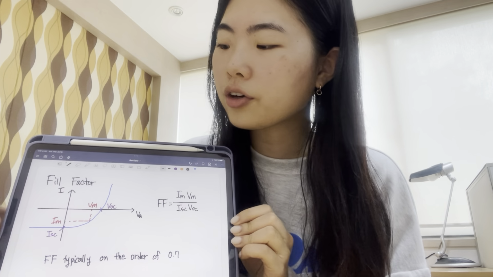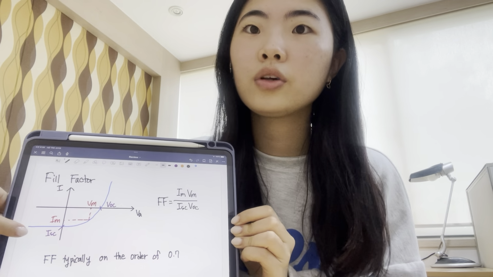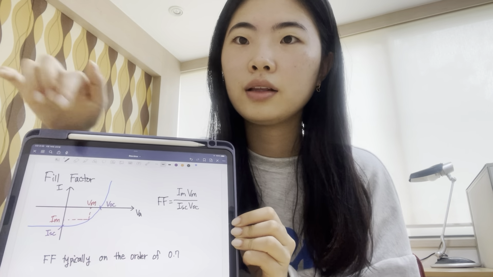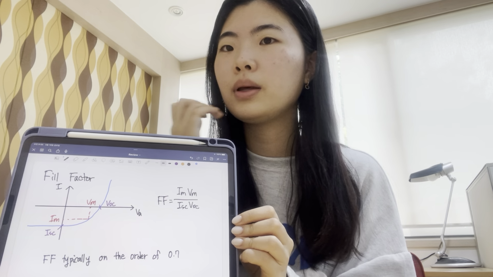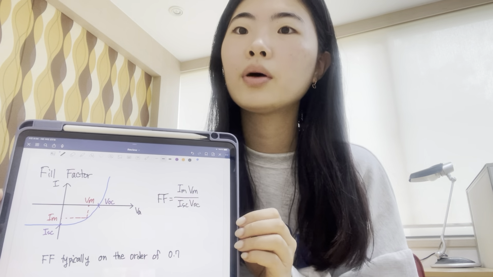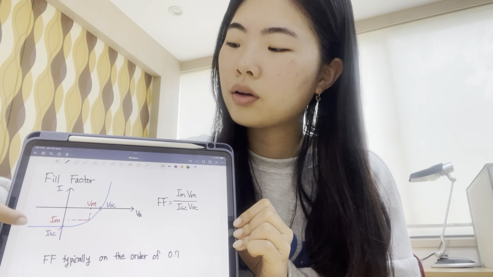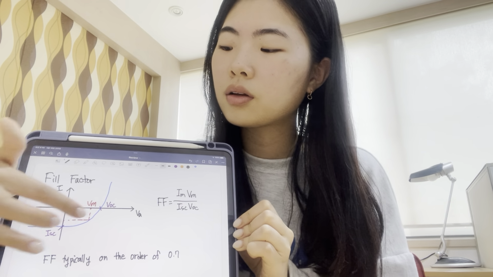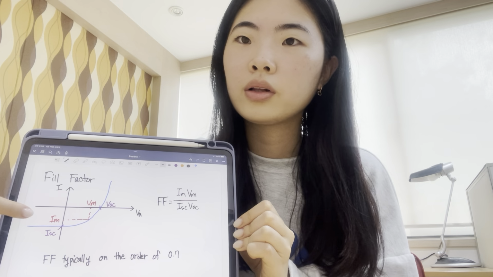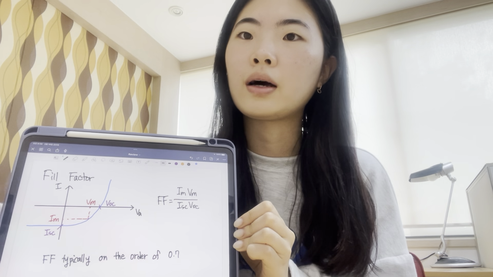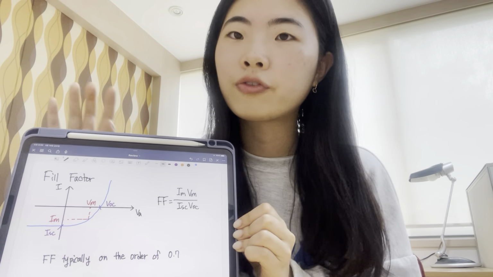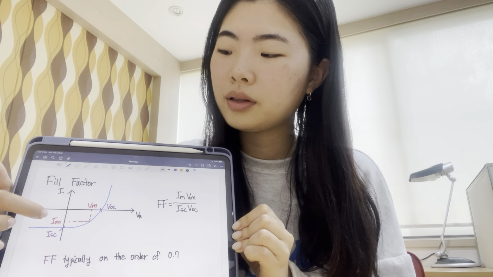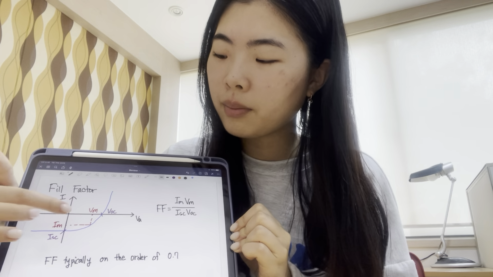Actually, the short circuit current multiplied by VOC means the maximum fill factor, but in the real world, the IV curve will be drawn like this blue line. So actually the real fill factor will be obtained at this IM and VM.